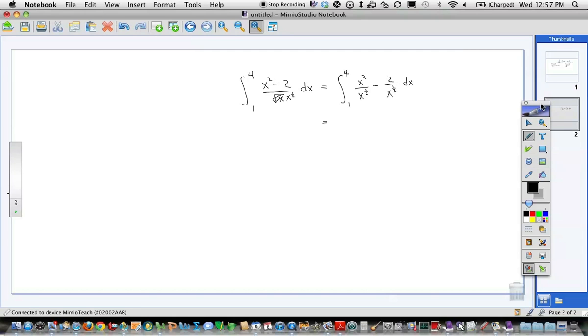Now I'm going to go ahead and simplify those. So what's this first one here? That's x to the 3/2 minus, and then what about this one? Two x to the negative 1/2, dx.